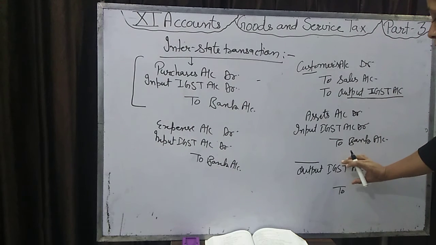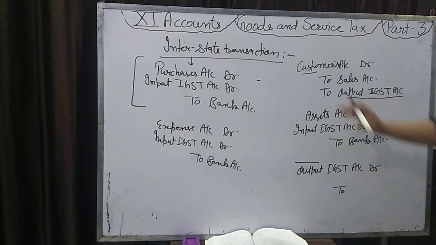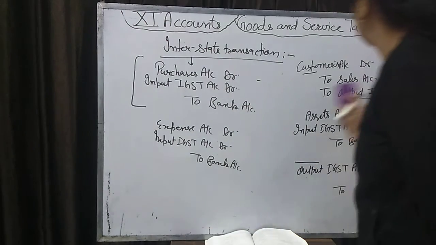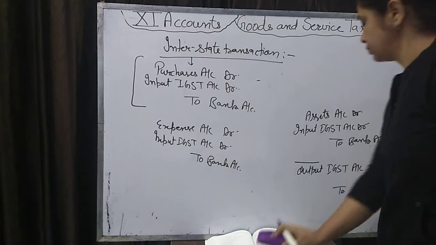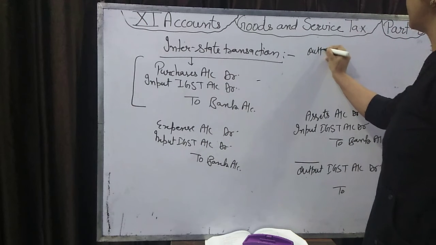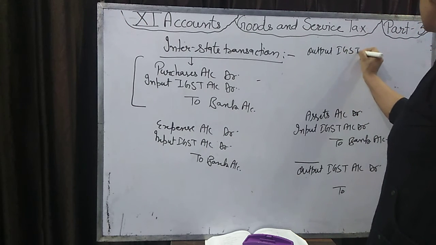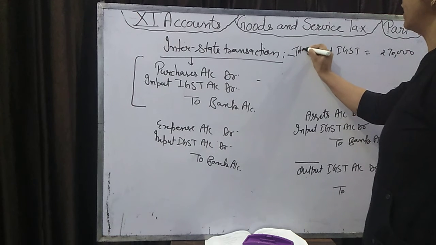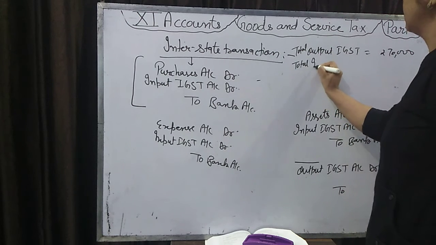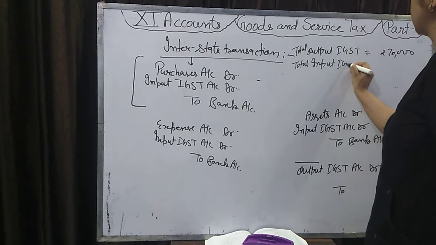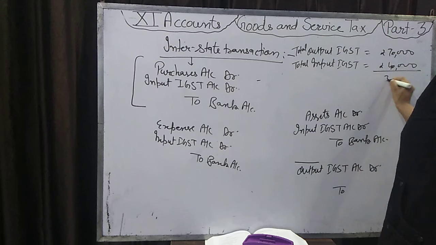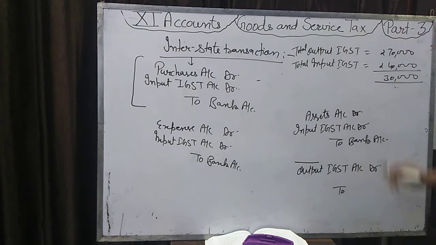But first of all, we will deduct the output IGST from input IGST. For example, after all entries, total output IGST is rupees 70,000 and total input IGST is rupees 40,000. Then the difference is 30,000.